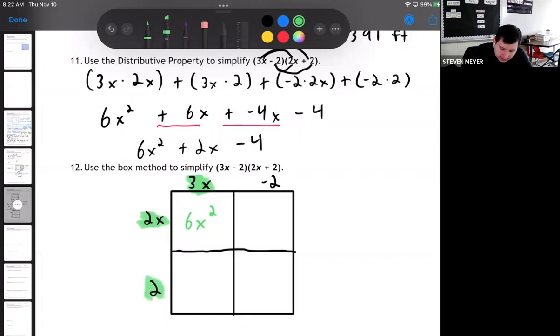Then we have 3x times 2, which equals 6x. Then I have -2 times 2x, which is -4x. And then I have -2 times 2, which is -4.